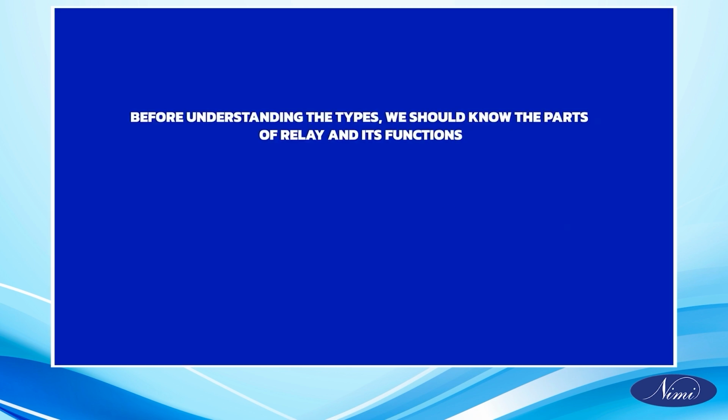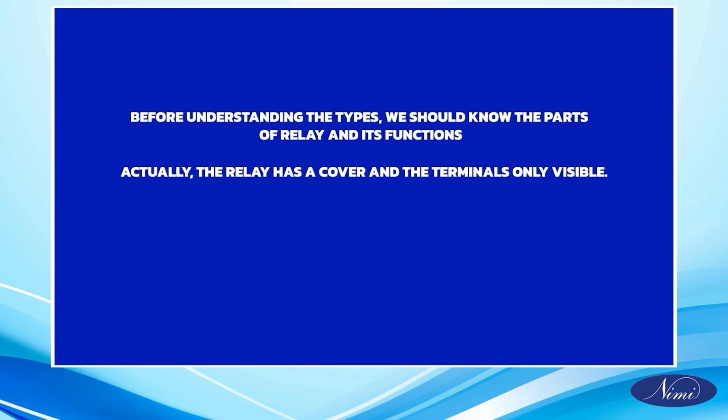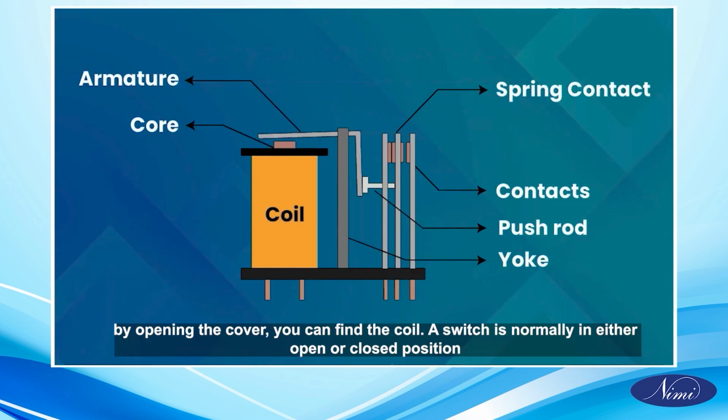Before understanding the types, we should know the parts of relay and its functions. Actually, the relay has a cover and the terminals only visible. By opening the cover, you can find the coil. A switch is normally in either open or closed position.